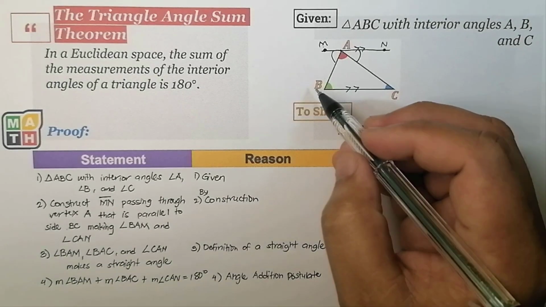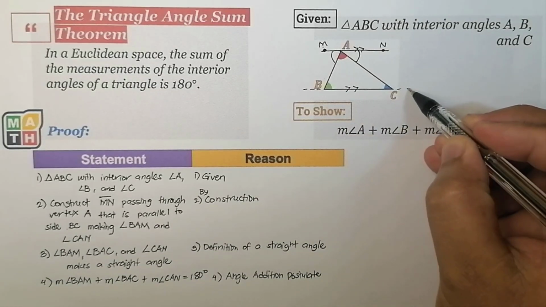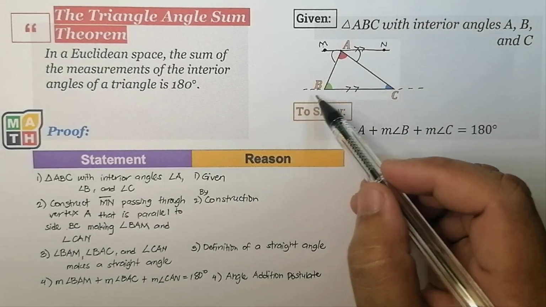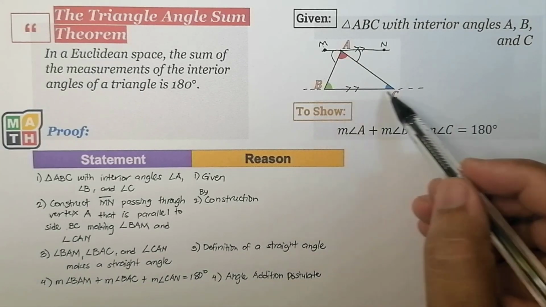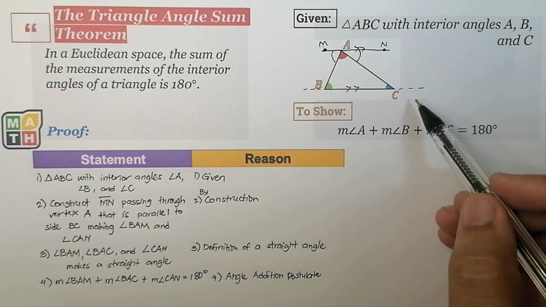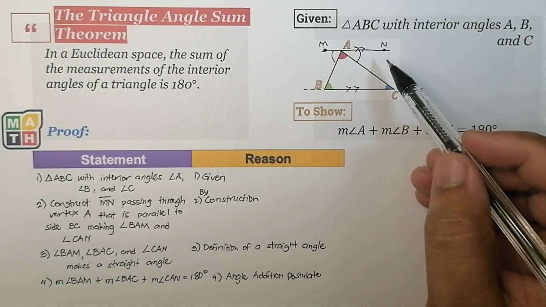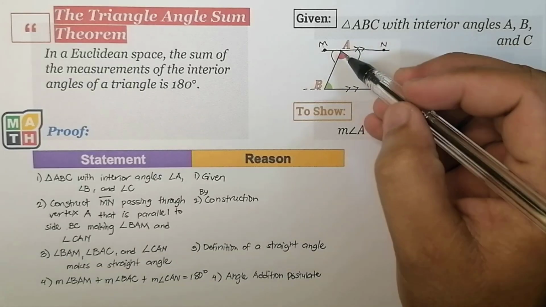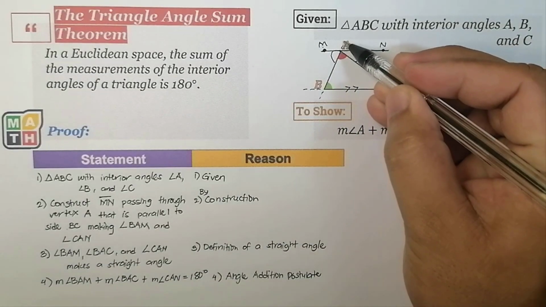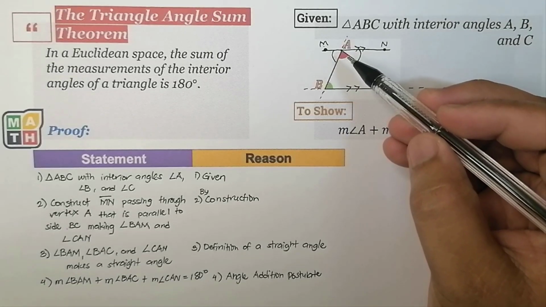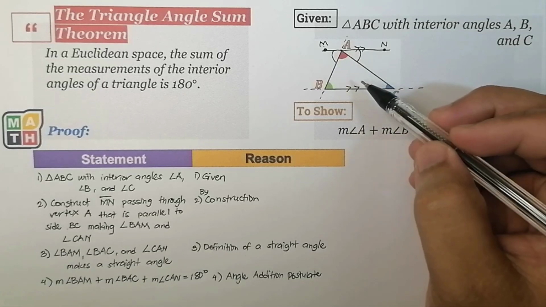Let me try to extend this a little bit, just for imaginary lines. If we're going to consider this as an imaginary line extension, and this side BC, which contains this, is parallel to the line segment MN here, we could actually give that this side AB, if extended, is considered a transversal line cutting the two parallel lines.